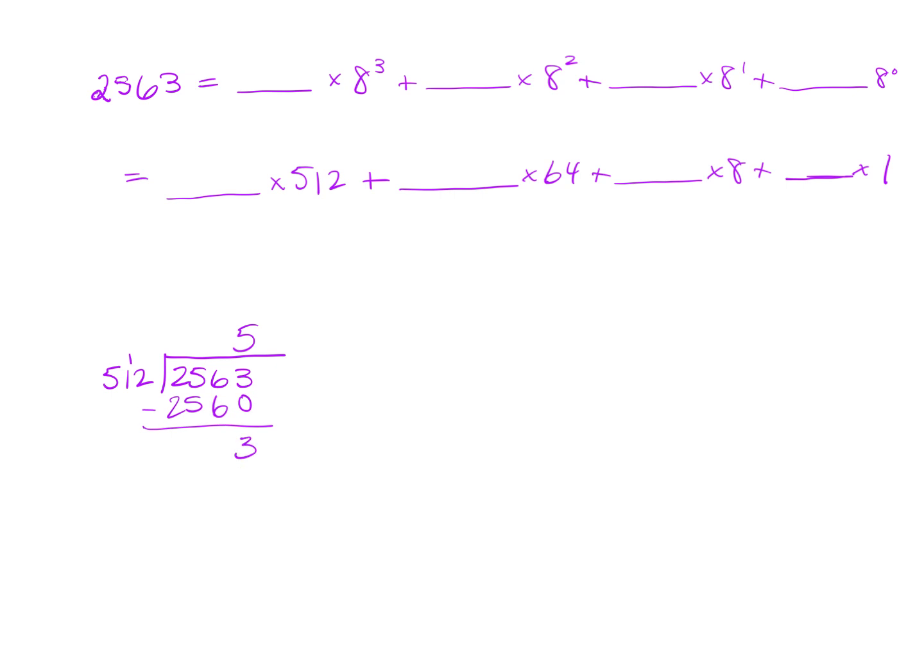So 512, or 8 cubed, goes in 5 times, and I have only 3 left over. I can't multiply something by 64 to make 3, so I put a 0 there. There's nothing I can multiply 8 by to make 3, so I put a 0 there. I'm just going to have 3 ones. 5, 0, 0, 3.